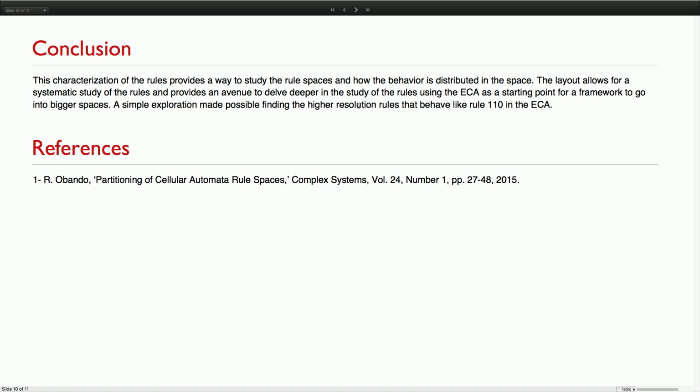The other thing is that with this method, I should be able to go from radius 2, take 2 of those that are also neighboring, and then open it up, go to radius 3, and see another 256. So starting with the ECA, I can go deeper into the general sets of rule spaces.